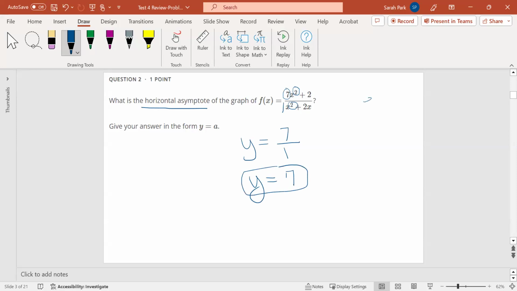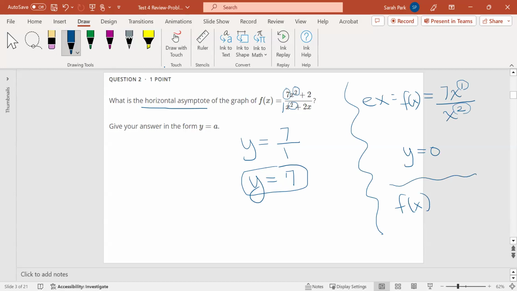Okay. What if, for example, you got a function that looked like this, 7x over x squared. Well, if your degree of the numerator is smaller than your degree of the denominator, the horizontal asymptote would be y equals 0. Okay, so these are just extra examples. Actually, let's say this is a function. What if the degree of the numerator was bigger?